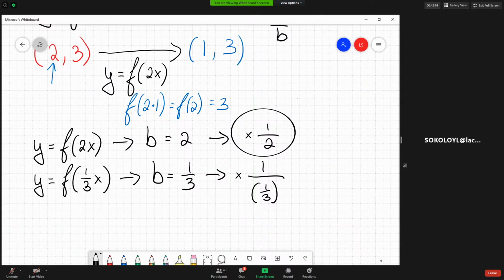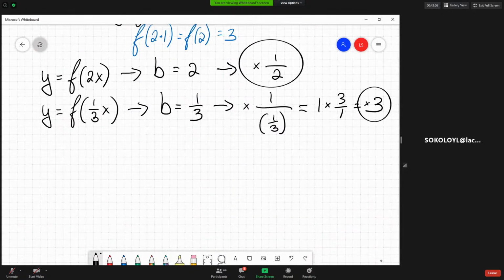And we know that 1 over a fraction, or division by a fraction, is equivalent to multiplication by its reciprocal. It's 1 times 3 over 1, which is 3. So here I'm going to be multiplying by a factor of 3, which will make our values larger. So that's a little bit of explanation on that, and perhaps on an example it'll become a little clearer when we do an actual example on the graph. So first, let's do a vertical stretch.